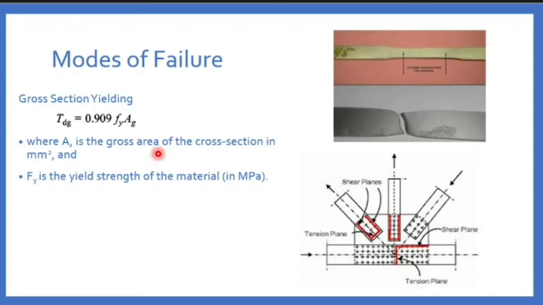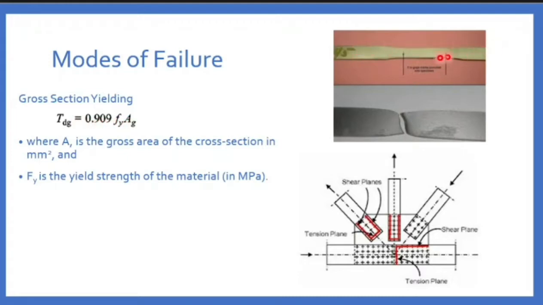So this is being yielded in the member, called gross yielding. How to overcome that? TDG. What do you mean by that? Design gross tension. T stands for tension, D stands for design, G stands for gross. So your gross design tension should be equal to 0.909 fy Ag.